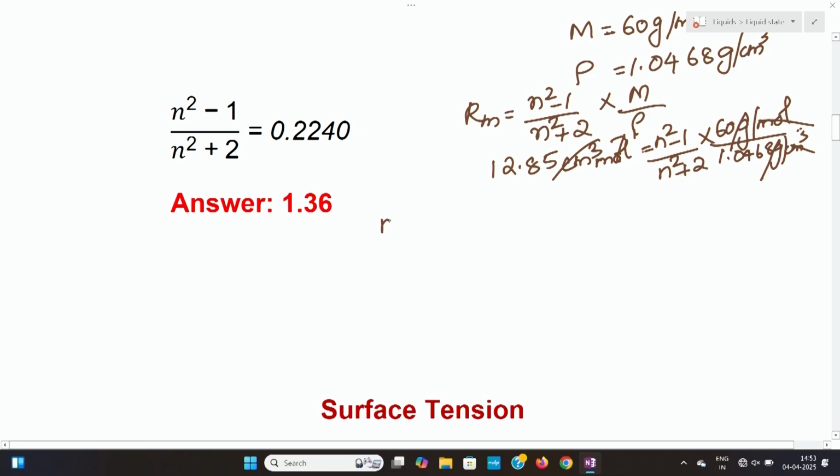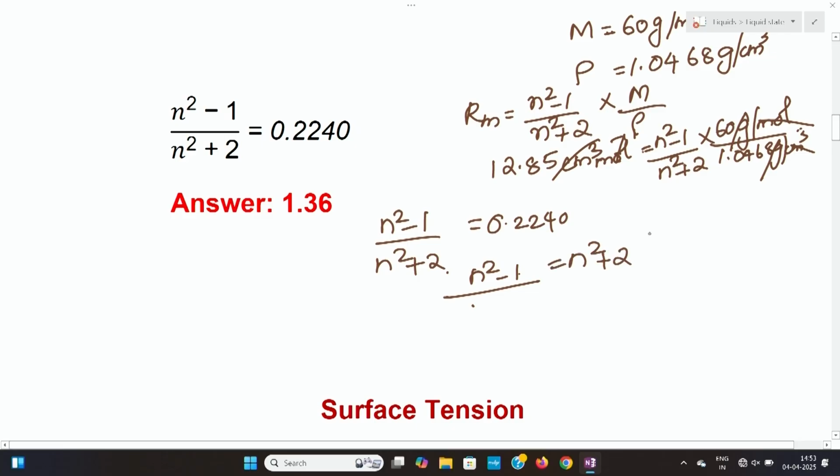Now we have to solve this equation. n square minus 1 is equal to n square plus 2 into 0.2240. So here 0.2240 n square is equal to 2 into 0.2240.